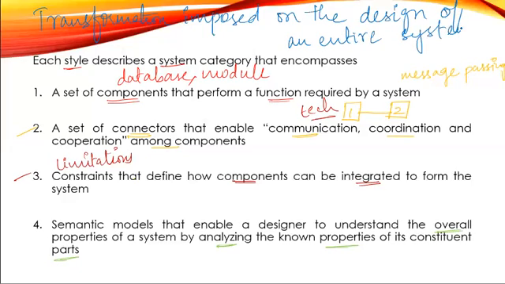Within the entire system design, you're going to have different components and different connectors that are connected. You're going to have some constraints for each and every component. Then you're also going to have different properties and different parts. So you're imposing the transformation on this entire system. This is called your architectural style.